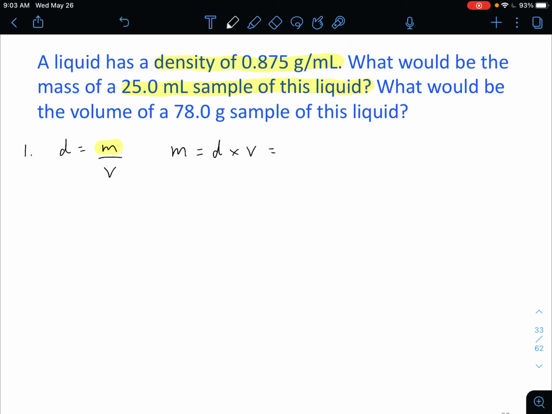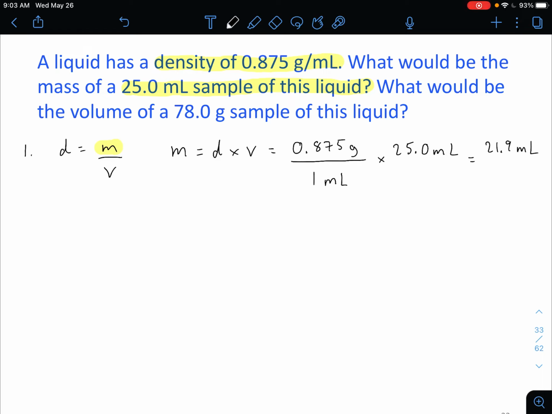If I want to write the density, I can write it as 0.875 grams divided by 1 milliliter, and then the volume is 25.0 milliliters. Okay, let's do this multiplication. And I get, we'll call it 21.9. Oops, that's not 21.9.